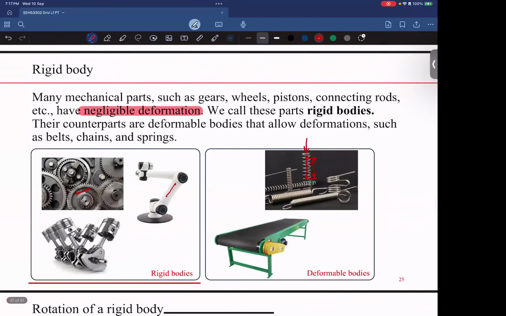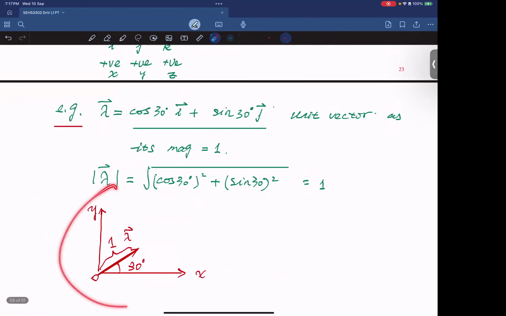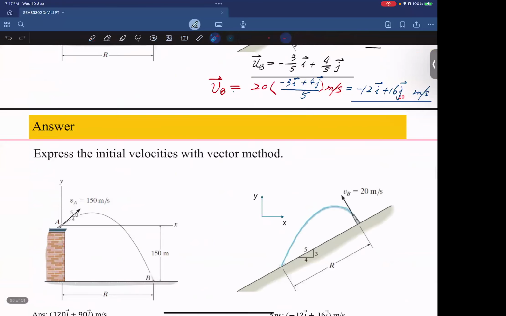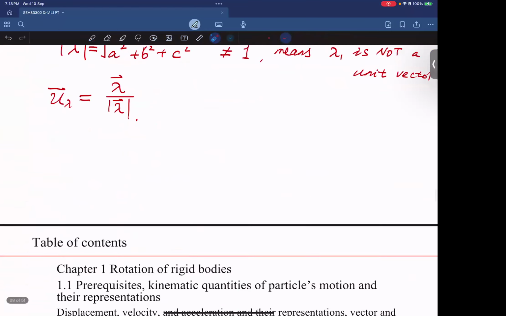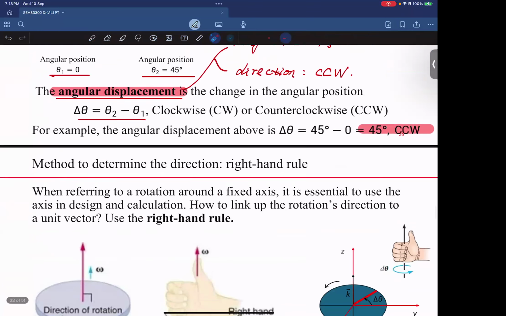As we learned in the last lecture, every vector, we're gonna have an arrow to indicate such a vector. But now, for the angular displacement, that's not such a vector yet. Therefore, we need such an arrow to be this vector. So let's see how to define such an arrow.